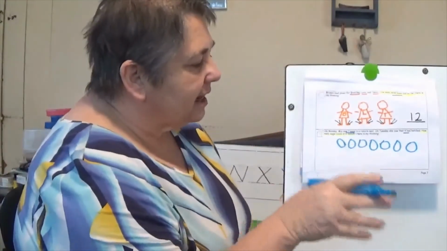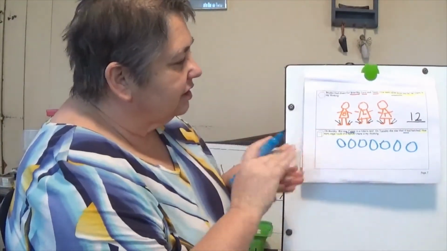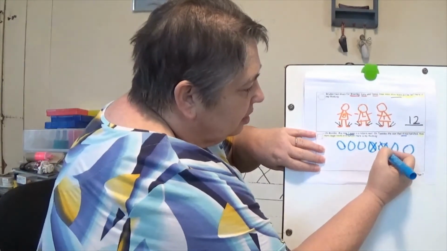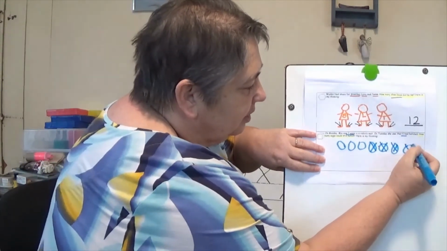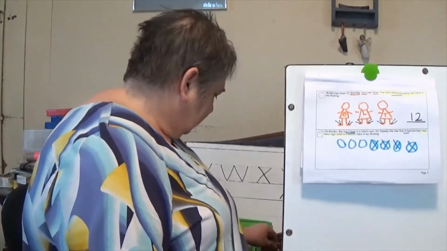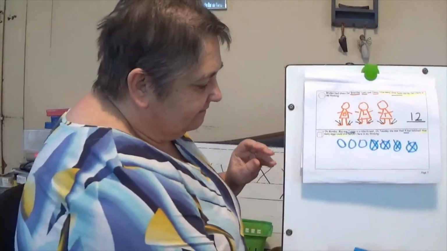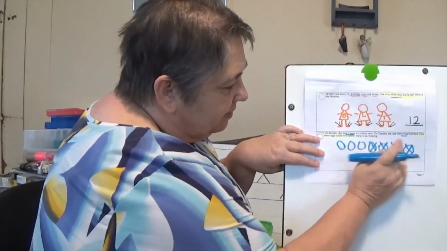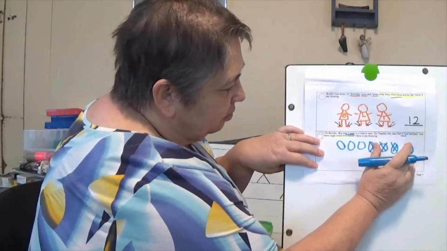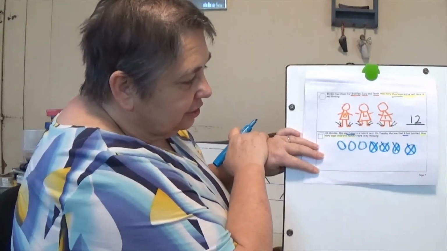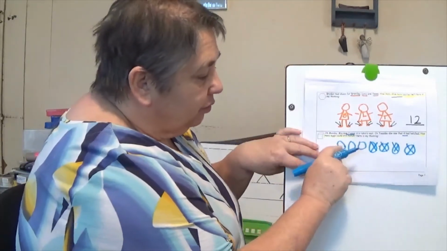I'm going to X out the ones that are hatched because they can't hatch anymore once they've hatched. 1, 2, 3, 4. Okay, next is Lily. Now Lily, we started with 7 and 4 of them have gone away. These can't hatch anymore. And so we want to know how many can still hatch. Right, 3 can still hatch.